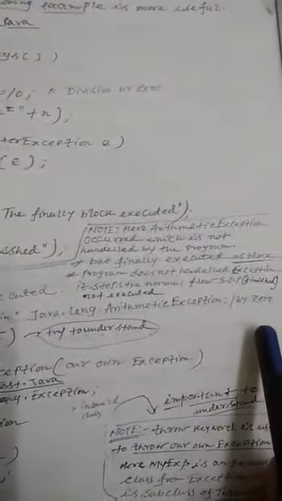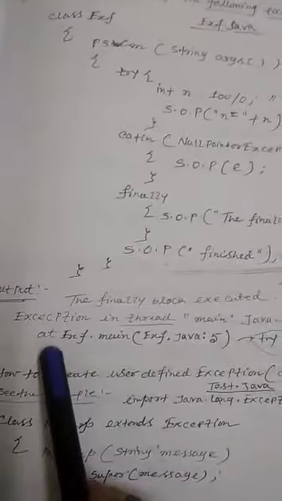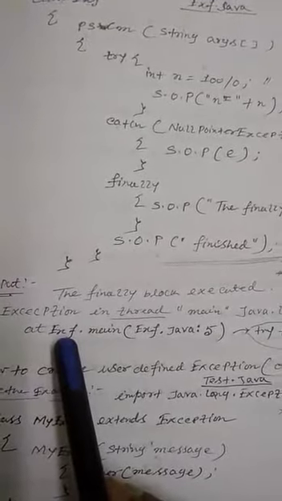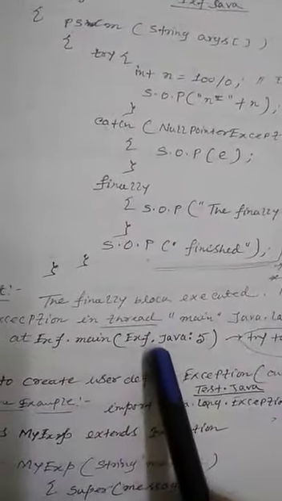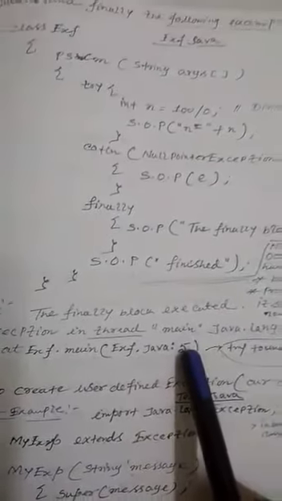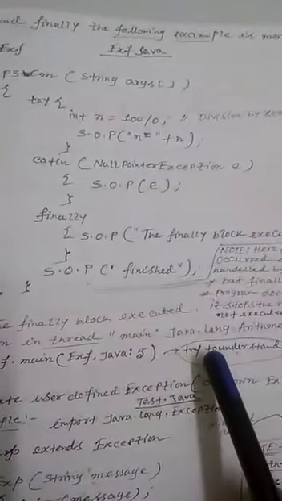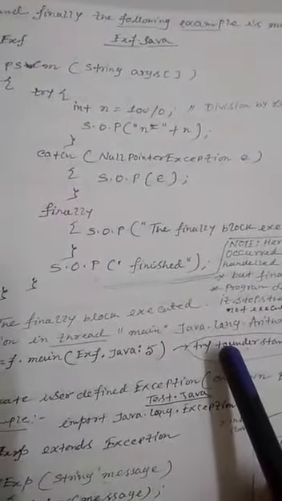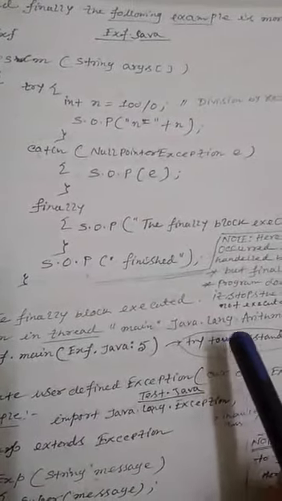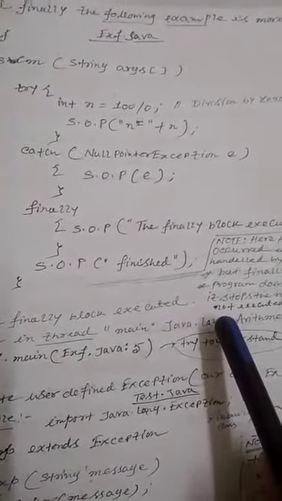Yes, this is part of ArithmeticException, division by 0, and it will print at exf, this is the name of the file, and main, exf.java line number. So 5 will be the line number. That is the detailed information produced on the console by the Java runtime environment.